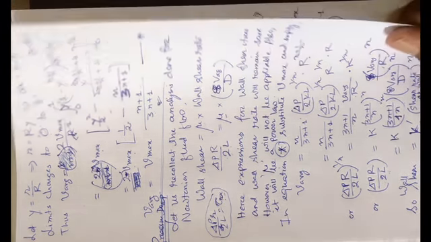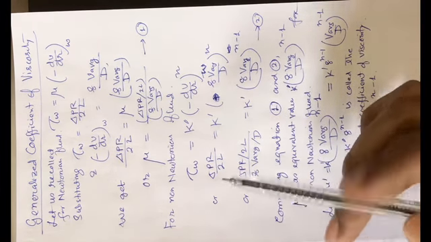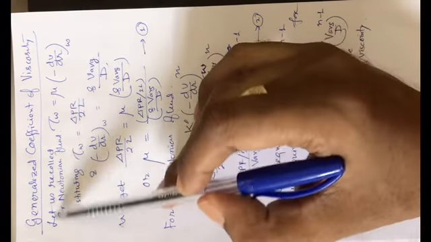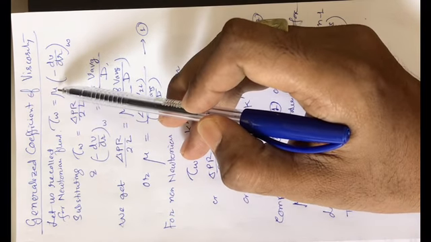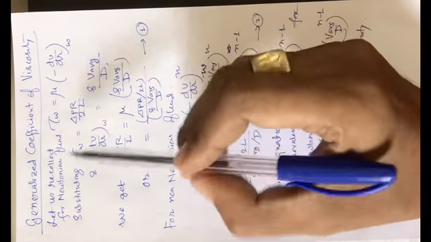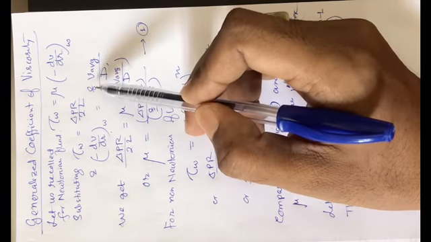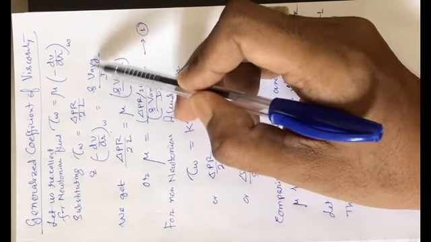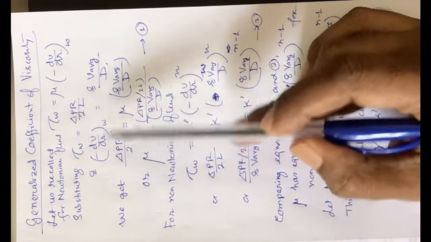So here k prime is equal to k multiplied by (3n plus 1 divided by 4n) to the power n. Now this needs to be something equivalent to viscosity. Let us recollect for a Newtonian fluid that tau w is equal to mu times minus dv by dr at the wall. When we substitute, recollect that the wall shear rate is equal to 8 times V average by D, and then we got this expression.